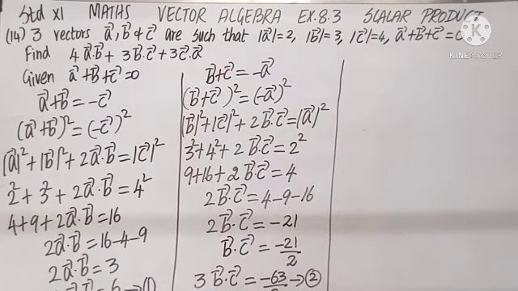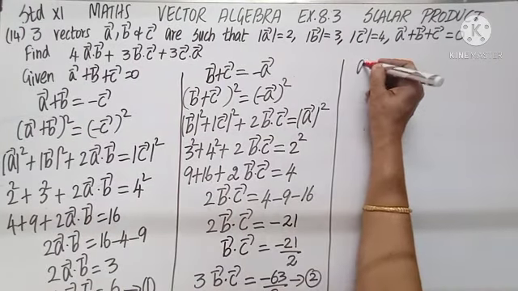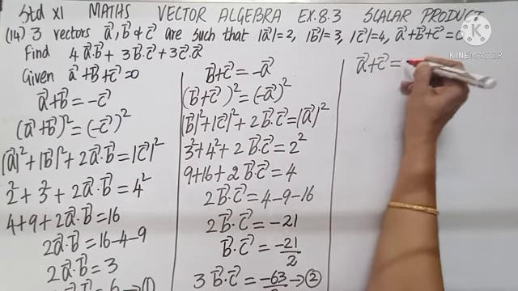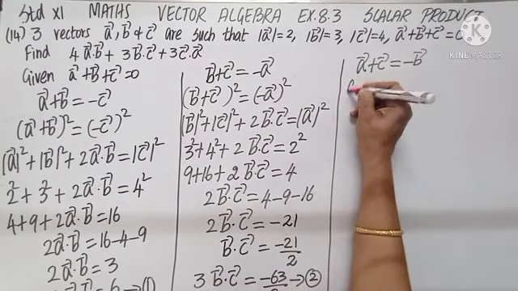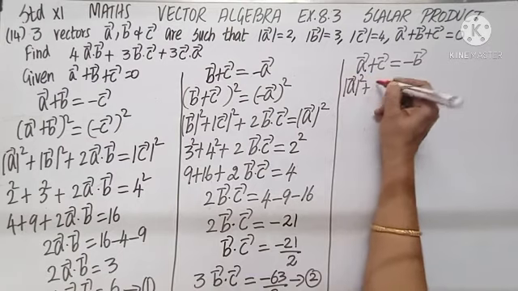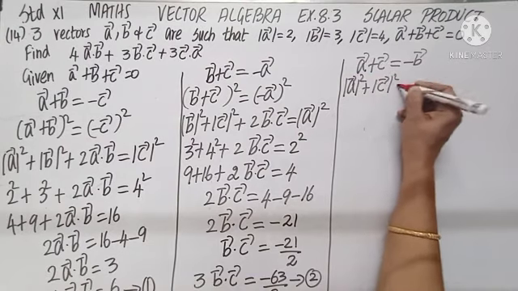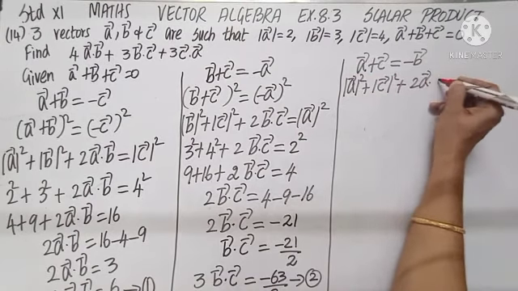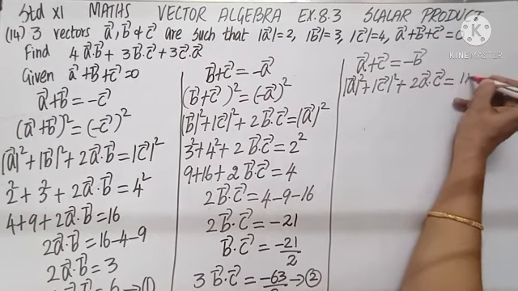In the similar steps, let us keep A plus C in the left and B to the right. Squaring: mod A square, mod C square plus 2A vector dot C vector is mod B square.